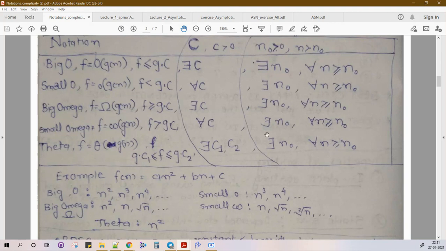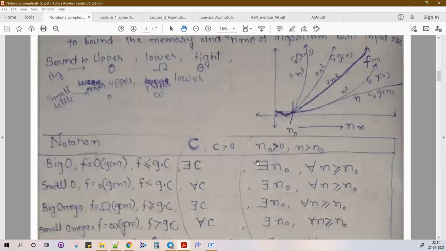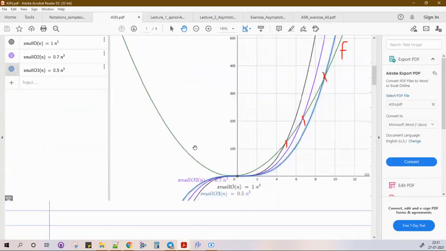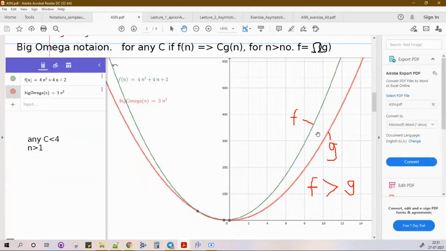This would always be the same for all these notations, right? After some threshold limit, I just care about the comparison, right? So let's see about this thing. Let me put it here. Big omega, so if I take f, right, for n square, and I'm just taking c equal to 3, now your g is a lower bound to f, right?